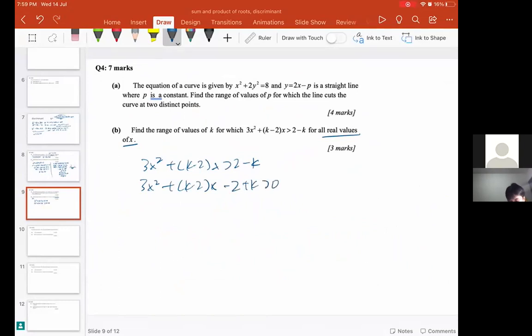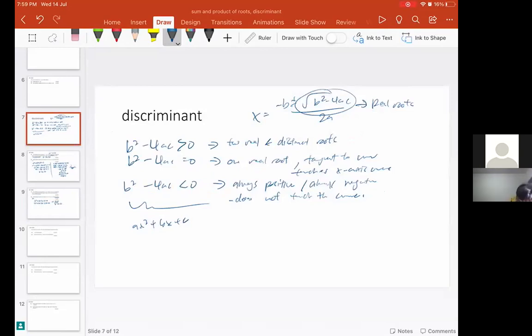If it's greater than 0, it means it's always positive. Now, if we recall, always positive means b squared minus 4ac is less than 0, because that's how it behaves if we look at the discriminant.